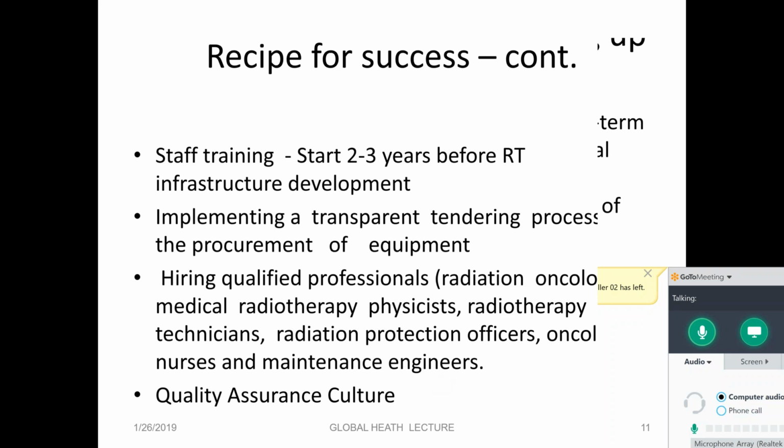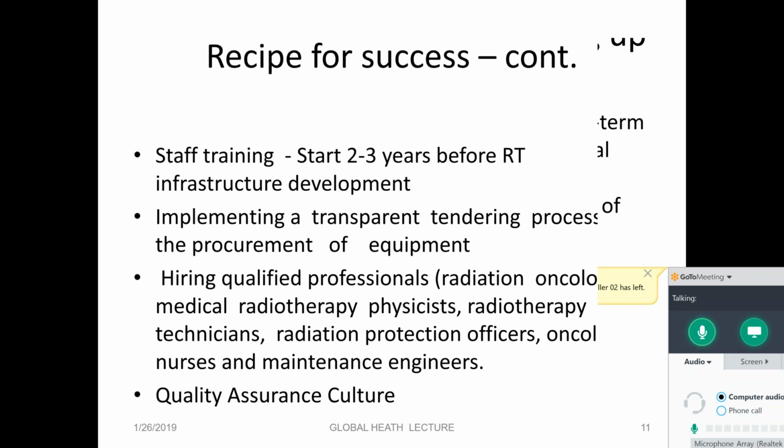The other thing is to make sure that there is a culture of quality assurance and quality control in the radiotherapy program. This is very important for radiotherapy.